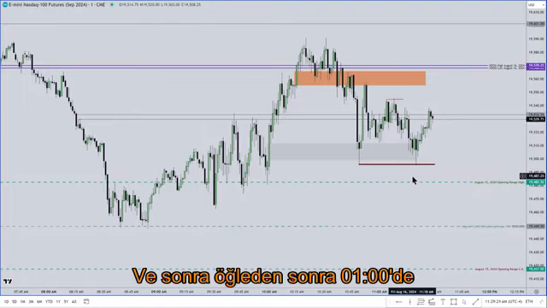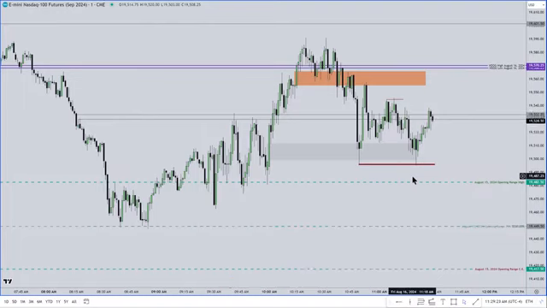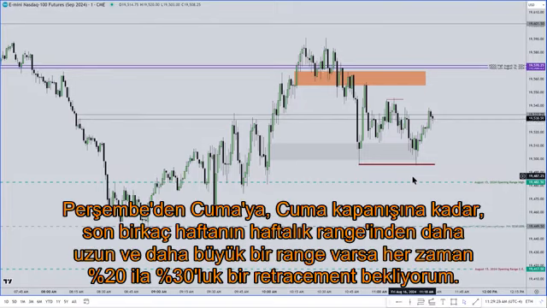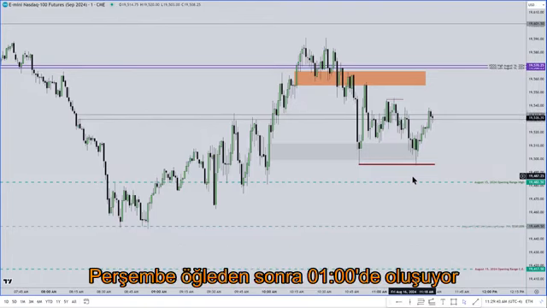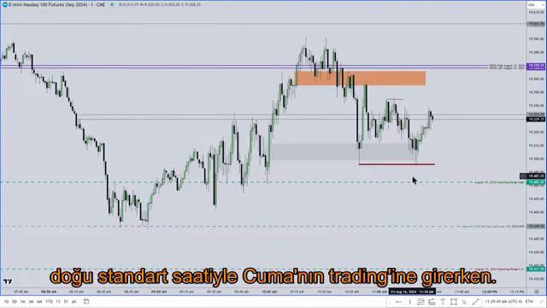And then at 1 p.m. on Thursday, throughout Friday till Friday's close, I'm always anticipating a 20 to 30% retracement. If we have an elongated weekly range, larger than the last few weeks, and it's up, then I'm expecting a 20 to 30% retracement from the highest high that's formed at Thursday 1 p.m. Eastern Standard Time, going into Friday's trading.